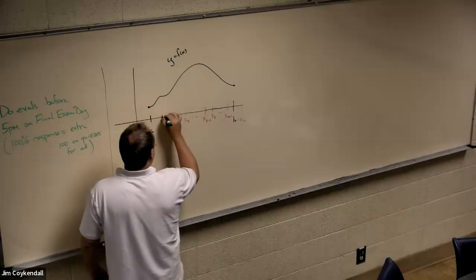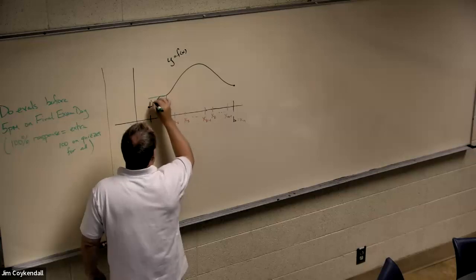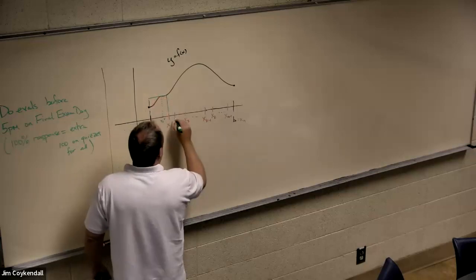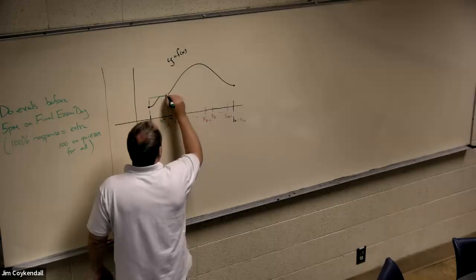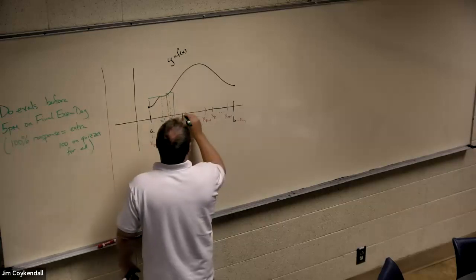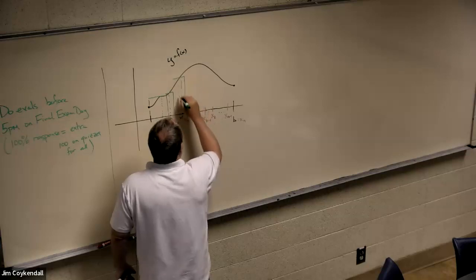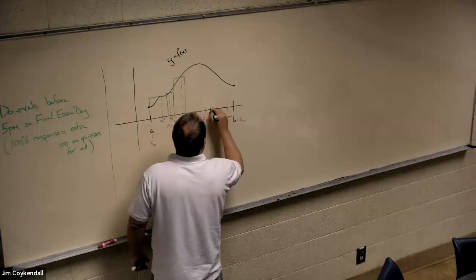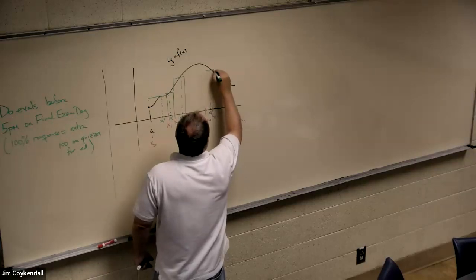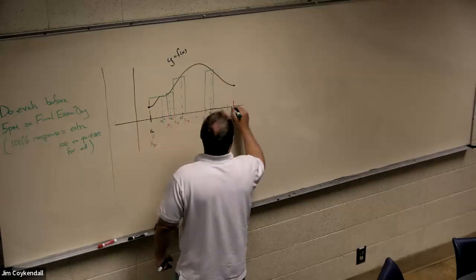I plug that in to determine the height of the box. x2 star can be anything in here in terms of the height of the box. x3 star, etc. xk star is the test point k there. And we fill this up with boxes.